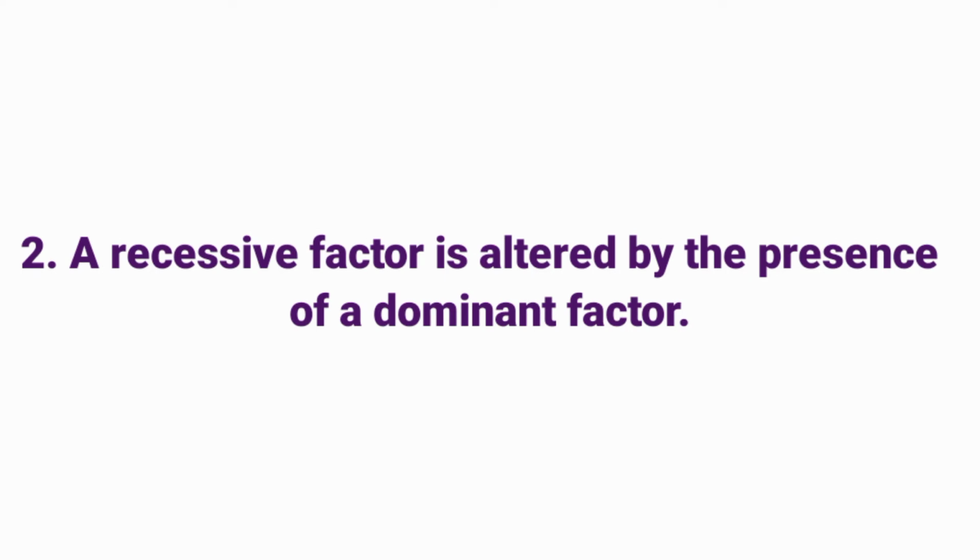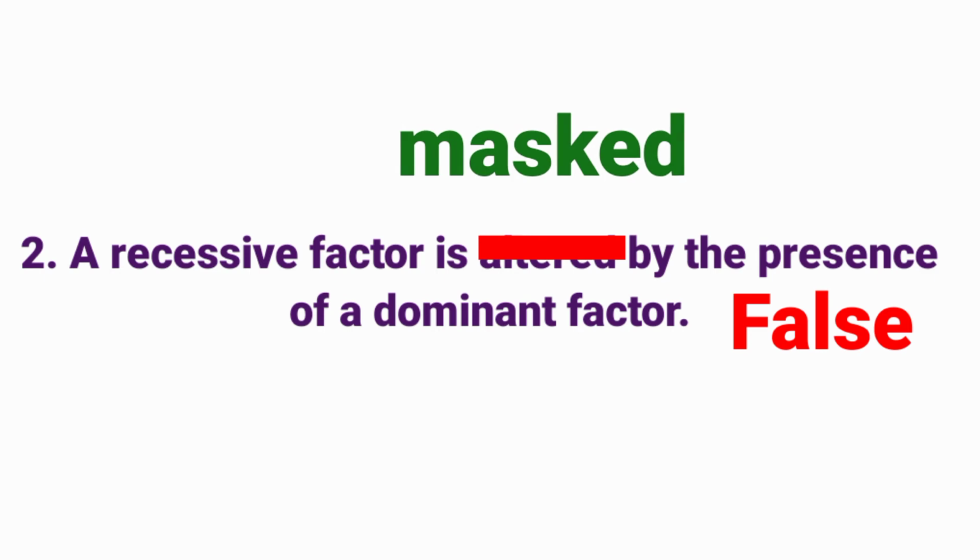A recessive factor is altered by the presence of a dominant factor. Answer false. The correct statement is a recessive factor is masked by the presence of a dominant factor.